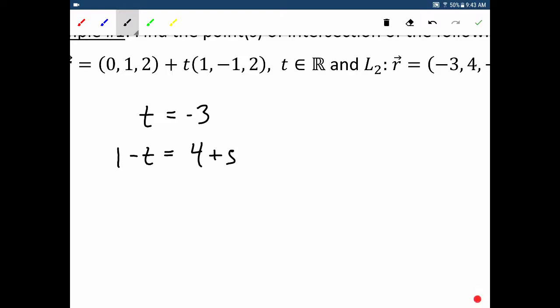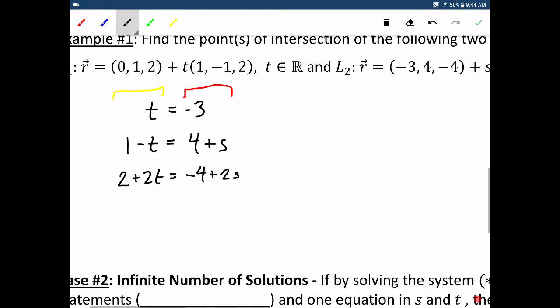And then for the z's, on line 1 we get 2 plus 2t, and then we get -4 plus 2s. Okay, so if you're having troubles coming up with this part, you can actually write out the parametric equations first. This is the parametric equations for line 1. This is the parametric equations for line 2. And we've just let the x's equal each other, the y's equal each other, and the z's equal each other, which makes sense because that's what we're trying to do.